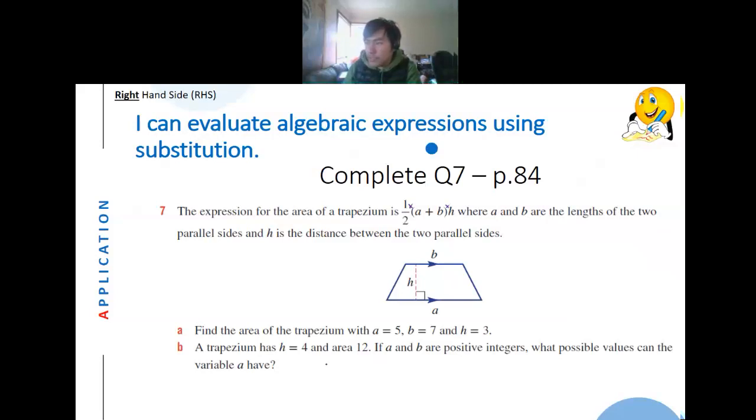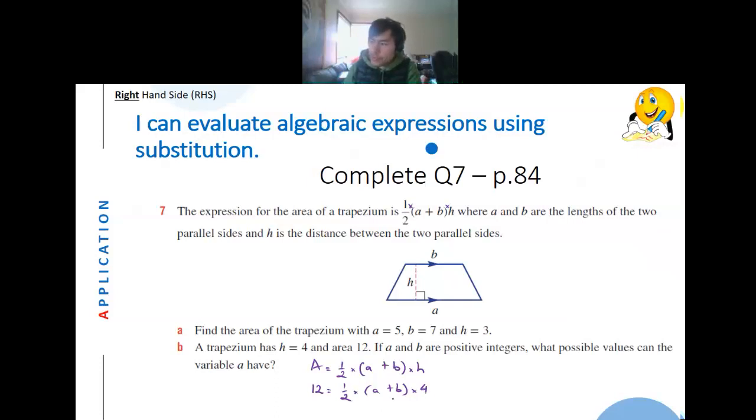So what it means is if we substitute, the whole equation is area, capital A, is half times A plus B times H. And we just substitute the numbers in, so the area I will replace with 12, is equal to half times A plus B times H, which is 4.